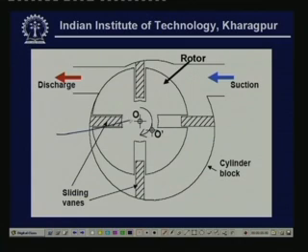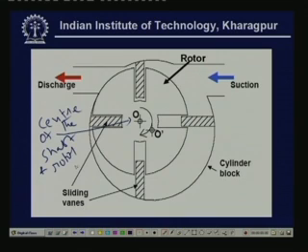As I said, this O is the center of the shaft and rotor, and O dash is the center of the cylinder block.